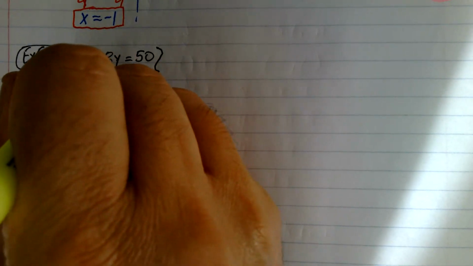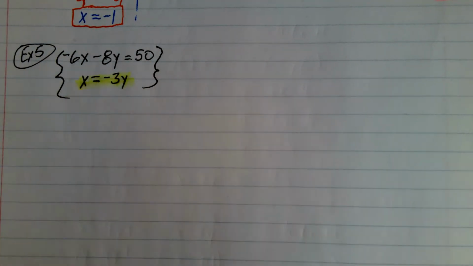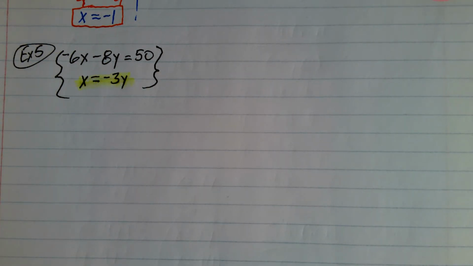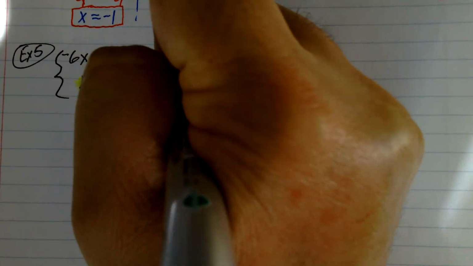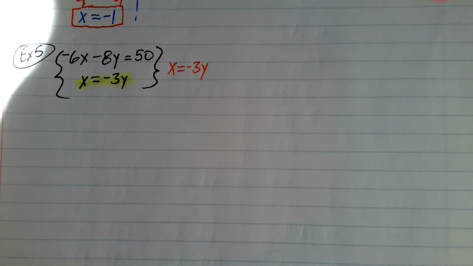All right, so here we go. First of all, I think I'm not giving anything away. We got a variable by itself in x equals negative 3y. X is by itself, so I'm going to go with that. I'm going to write it down here on the side.